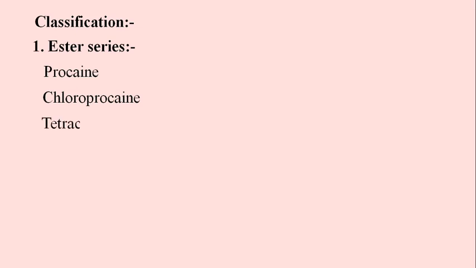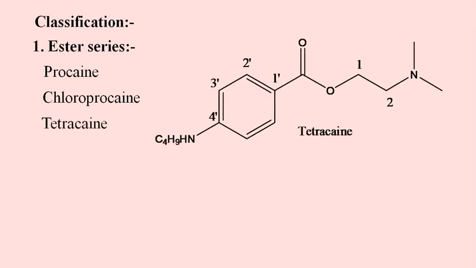The next is tetracaine. Its name is also similar to procaine and chloroprocaine. In procaine and chloroprocaine there was an ethyl group, and here it is a methyl group, so its name will be 2-dimethylaminoethyl, and at the fourth position here it is butylamino.